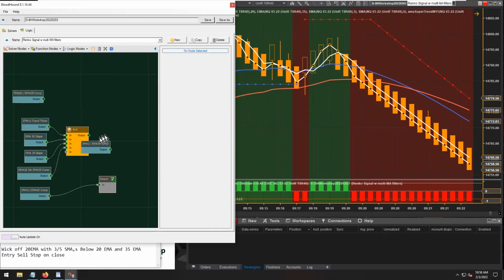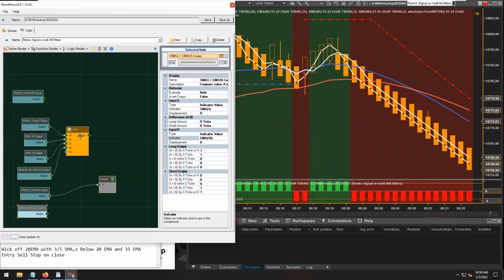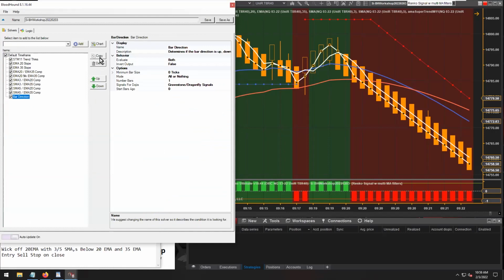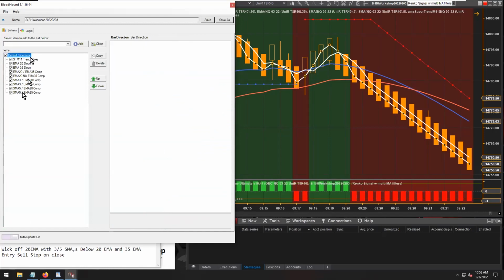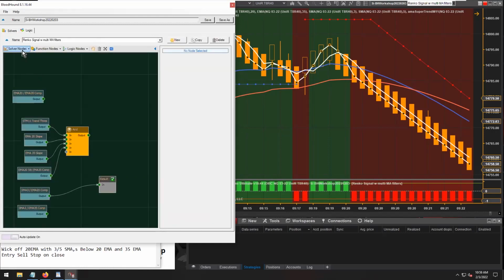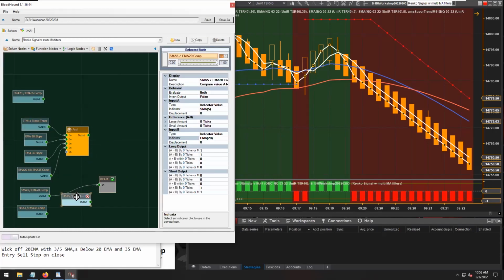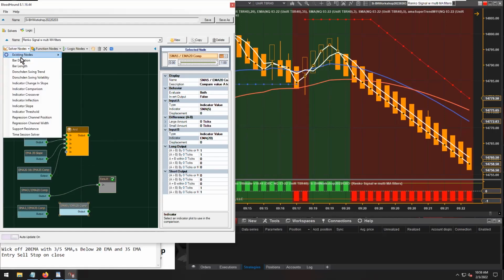Now I just need to drop all these on the board. Oops, I clicked the wrong solver, so let me go and delete that bar direction solver. There. All right, existing nodes. And there's the SMA 5 to EMA 20. And one more.